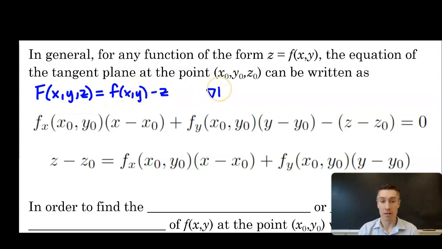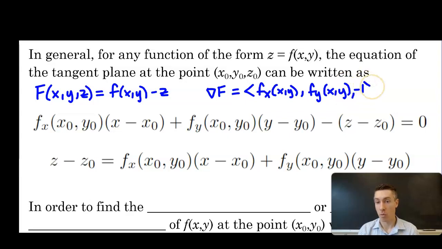Then the gradient vector is going to be the partial with respect to x of f, the partial with respect to y of f, and negative 1. That's because f is just a function of x and y, and z is equal to that. So for any explicitly defined function, z equals, we can simplify the equation of the tangent plane or the gradient however we want to think about it.